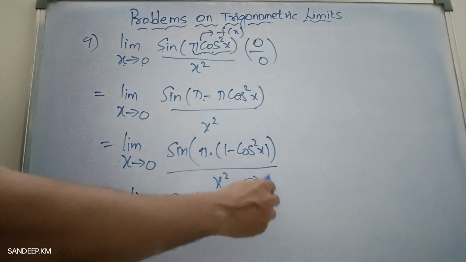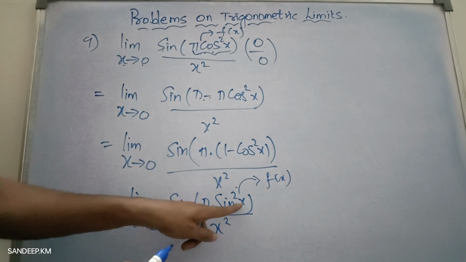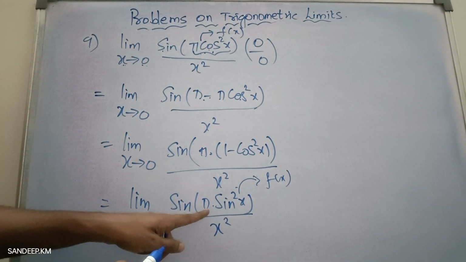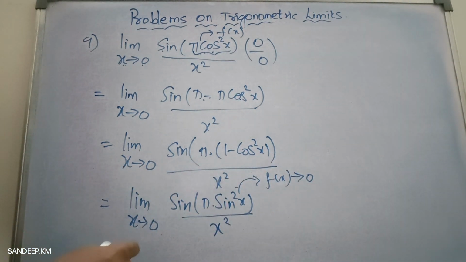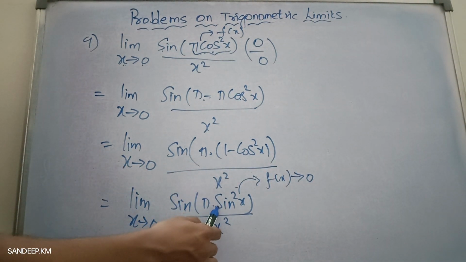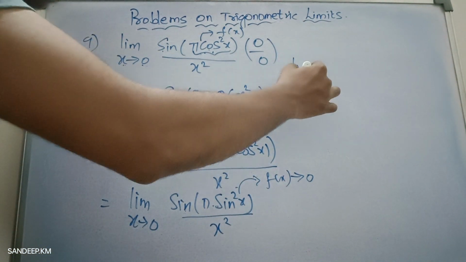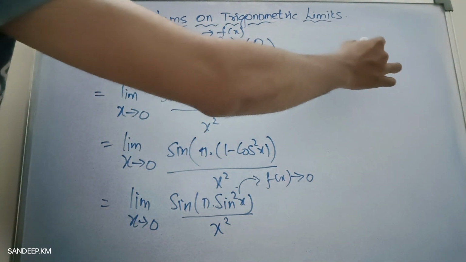Now this is f of x. When x approaches 0, sine square 0 is 0. 0 into pi is 0. Correct or not? So this f of x is approaching 0. So dear students, if it is sine of f of x, I would like to have f of x in the denominator. So in the next step, limit x approaches 0, sine of pi into sine square x.